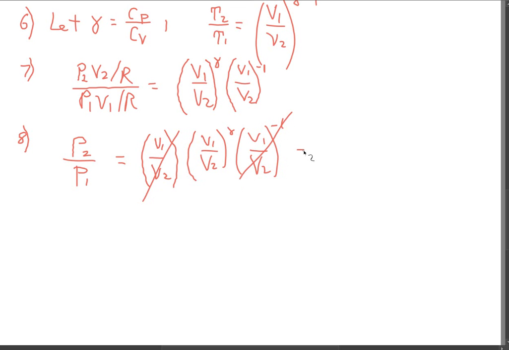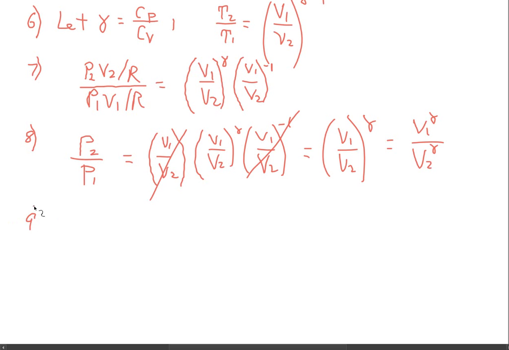And that is going to leave me with V1 over V2 to the gamma, which once again I'm going to rewrite to be V1 to the gamma over V2 to the gamma. I didn't write this quite as well as I might have liked to, but let me see if I can straighten it up right here.